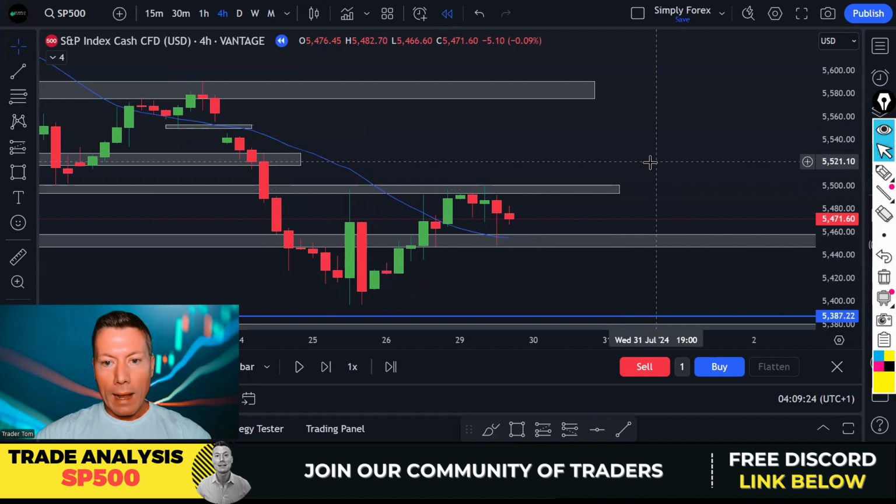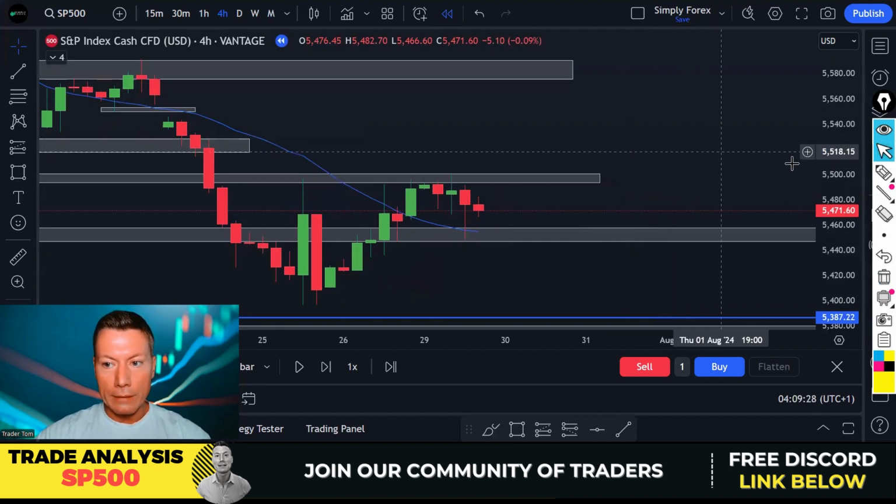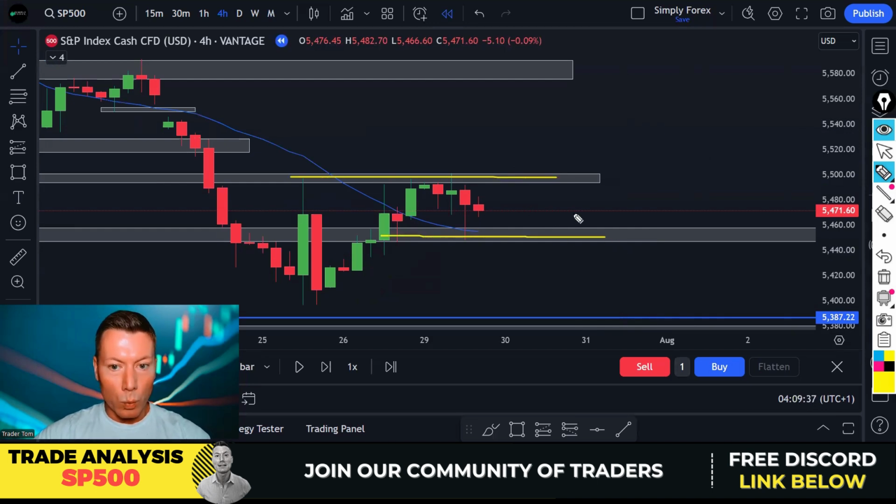Now, at this point, really, we've got two levels to trade from. We've got this level, which has proven to be good resistance, and we've got this level that's proven to be good support. Now, if you're an aggressive trader, you are going to consider this level.